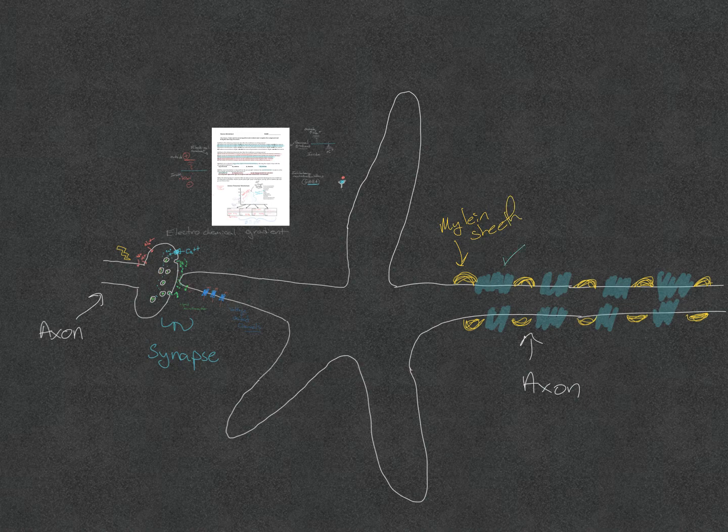Beyond this right now, these are nodes. These nodes are where you get the ion exchange. This is where you get the action potential happening. Of course, the whole thing is known as an axon.